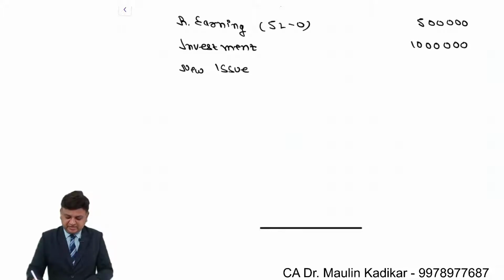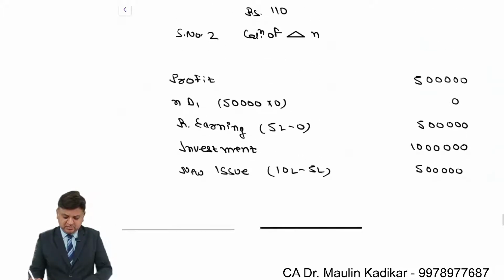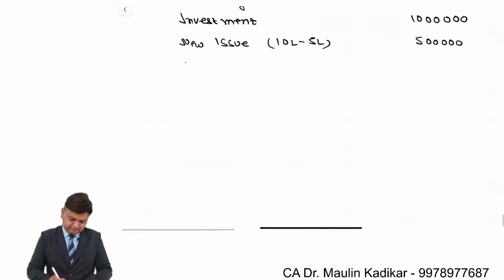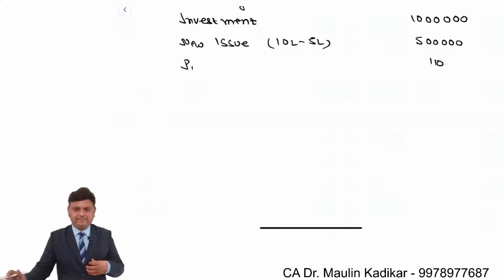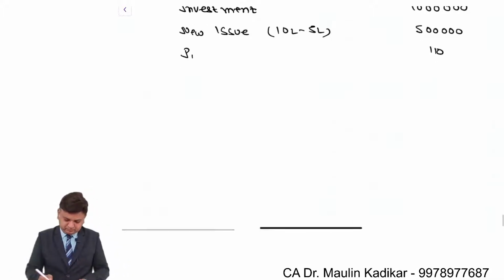New issue is 5 lakhs. It is 10 lakhs minus 5 lakhs. We understand that the P1 is 110. So delta N would be found as a balancing figure.